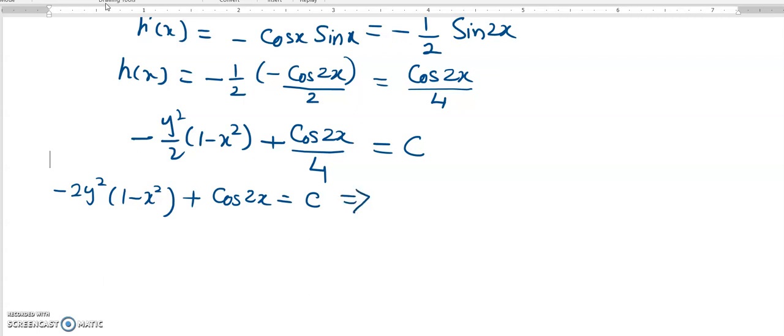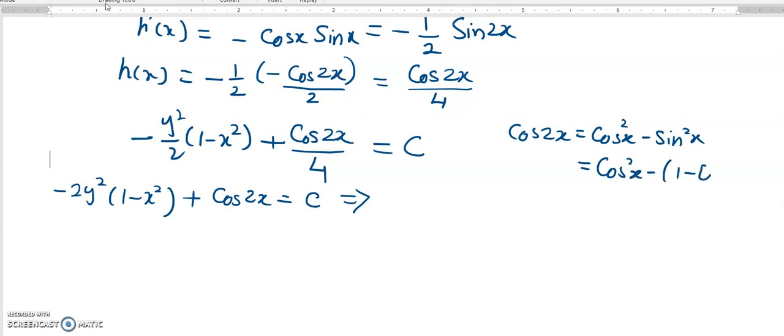Since we know that cosine of 2x is equal to cosine square x minus sine square x, and sine square x is equal to 1 minus cosine square x, it becomes 2 cosine square x minus 1. So instead of cosine of 2x, we can put 2 cosine square x minus 1 over here.